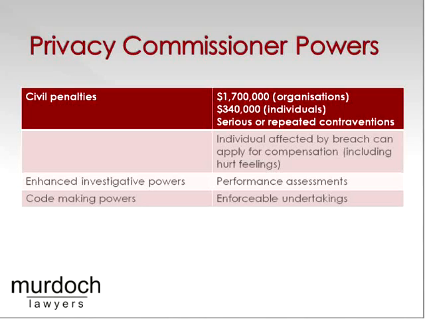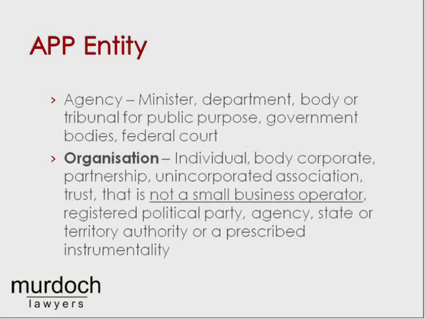Now, if a fine is handed down, an individual affected by the breach can apply for compensation, including if their feelings are hurt. The Commissioner's powers also give more far-reaching investigative powers. The Commissioner can come in and assess documents and assess your process and your procedures. There's code-making powers, and the Commissioner can also hand down enforceable undertakings.